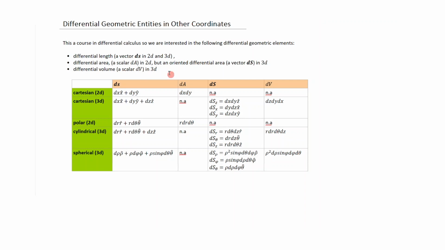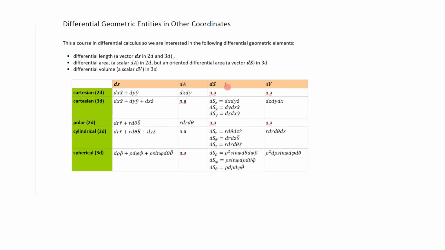And that's, of course, in 3D. So this table shows you, for instance, Cartesian 2D, 3D, polar coordinates, which is 2D, cylindrical, which is 3D, and spherical, 3D. And so ds, these are the expressions in the various coordinate systems for measuring a differential length. This is dA. For instance, you'll notice here in Cartesian 3D, this has no relevance. However, in 2D, which would be Cartesian, dA is dx dy, whereas in polar coordinates this would be r dr d theta.